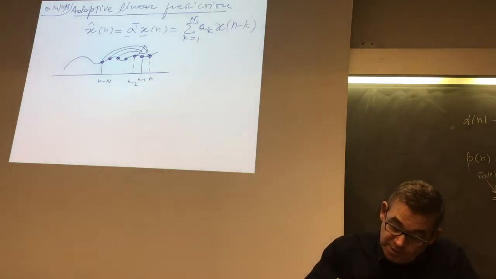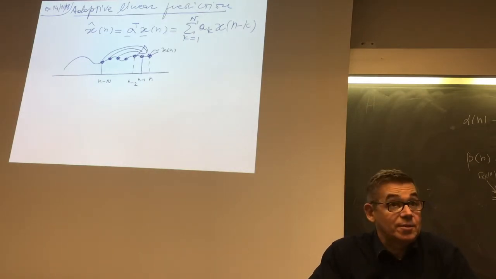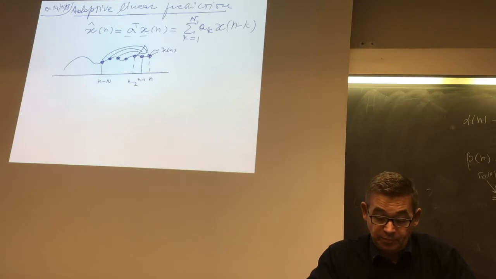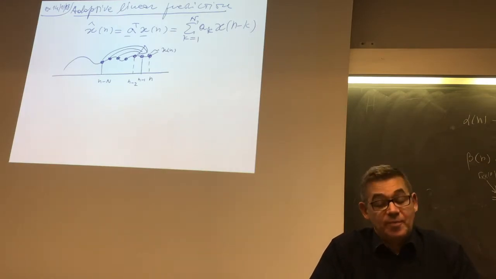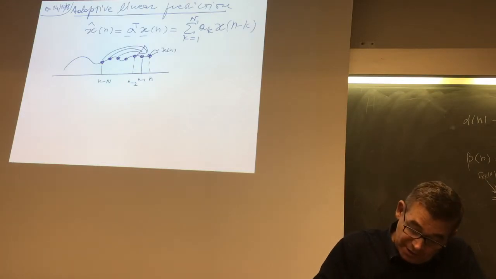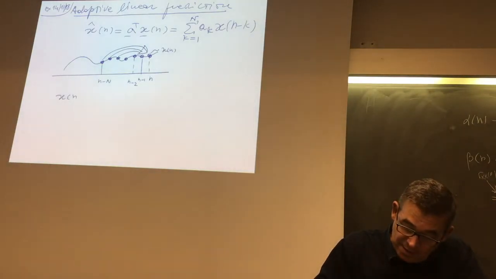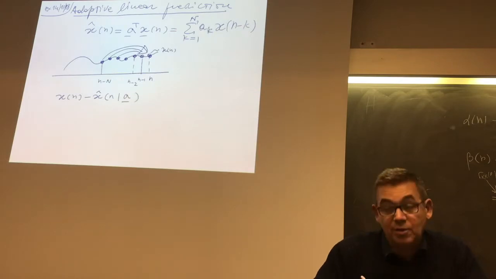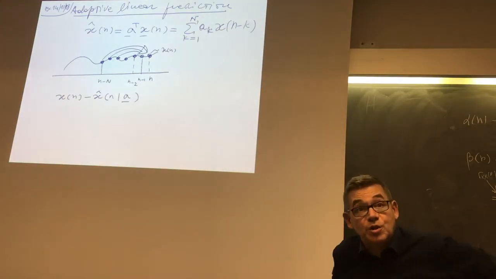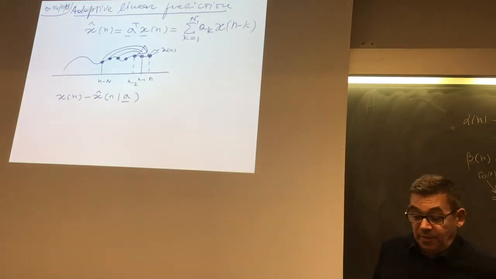So this one is xn, and we don't know xn. So this is the estimate. What is the error? The error is xn minus x hat. This x hat at position n depends on the linear predictor, or the set of coefficients of the linear predictor.